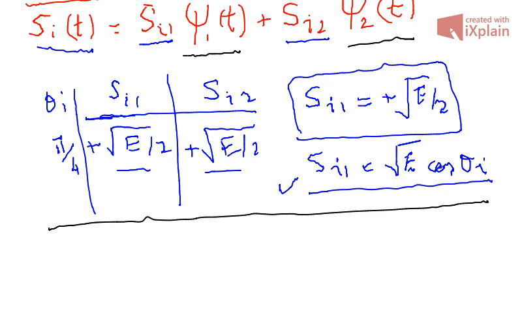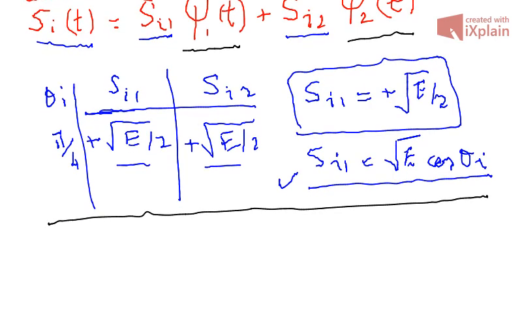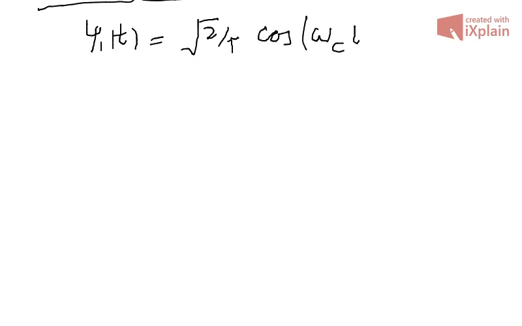For the proof, let me recall our psi_1(t). Our psi_1(t) is root of 2 over T times cos(omega_c t).